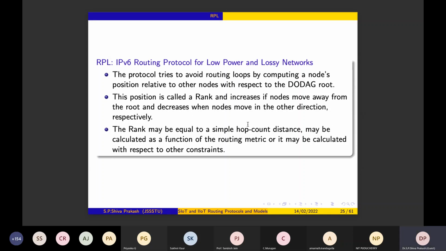Now, the other constraints that we can focus on here in SIoT need not be the hop count, but rather the set of services provided by each device, the type of protocol that each device is using, and the relationship between the devices. So we need to adapt this protocol to SIoT, since RPL is meant for IoT.